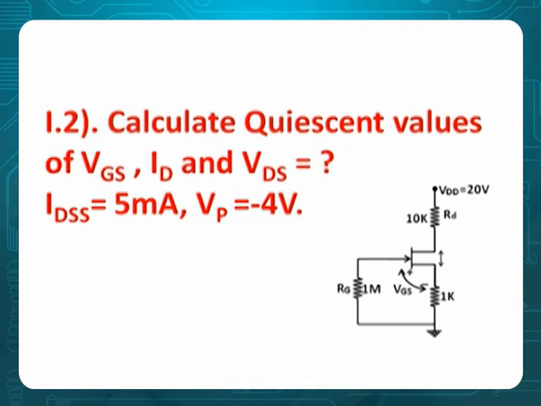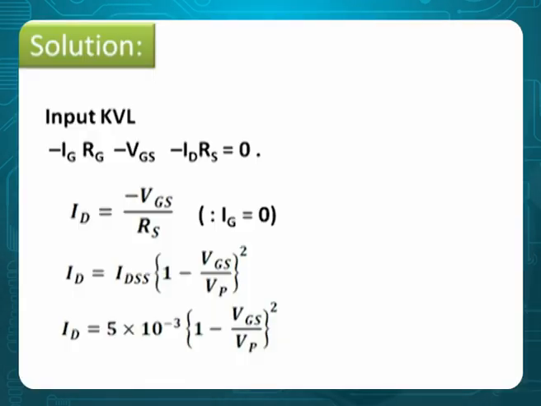Again follow the procedure: input KVL, output KVL, substitute in the VI equation. Simply speaking, these three. Input KVL: minus IG RG minus VGS minus ID RS is 0. Because IG RG is going to become 0, ID is minus VGS by RS.